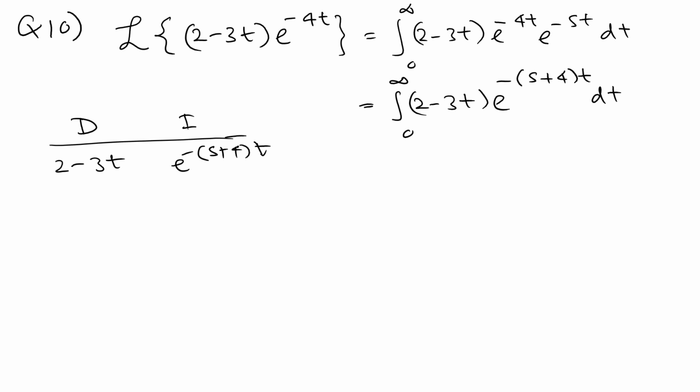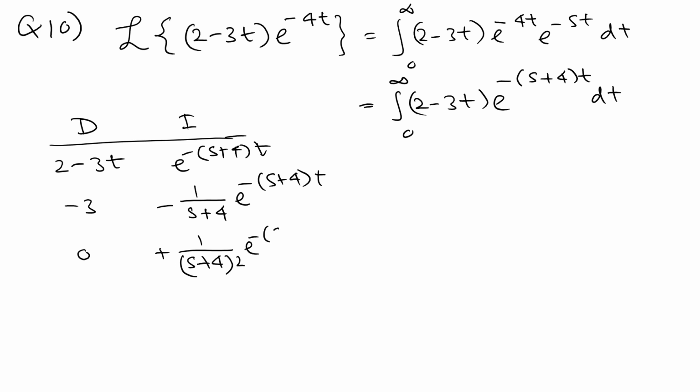Take the derivative, you're going to get negative 3 here, and this one is going to be negative 1 over (s plus 4) e to the negative (s plus 4)t. Then take the derivative again, so you're going to get 0, and if you take the integral again here, it's going to be plus now, 1 over (s plus 4) squared e to the negative (s plus 4)t, and then we use the signs, so it's a plus and a minus.